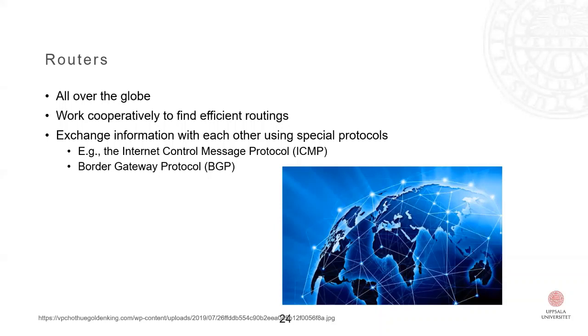So nowadays there are routers all over the globe, and they work with each other. Routers have their own specific protocols to talk to each other. For example, they have protocols like Border Gateway Protocol or BGP or Internet Control Message Protocol to communicate with each other.